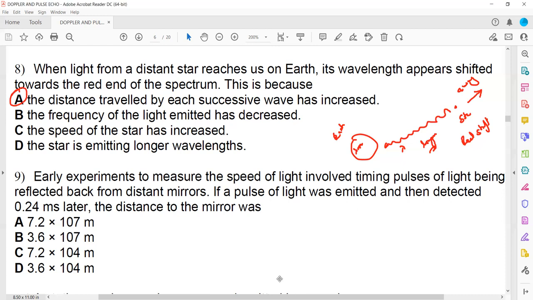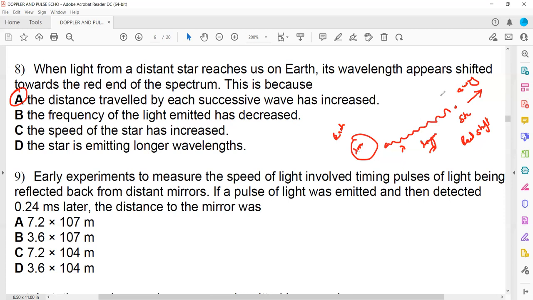When we check, the frequency of light emitted has decreased. Remember, the light emitted is not changing. Only what we receive has changed. The star is emitting the same wavelength.